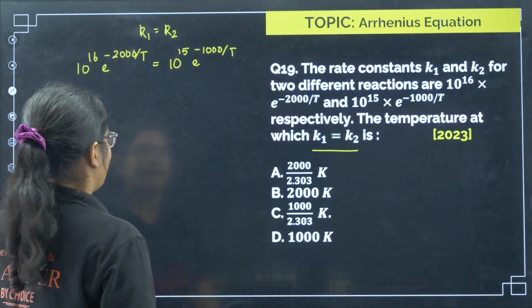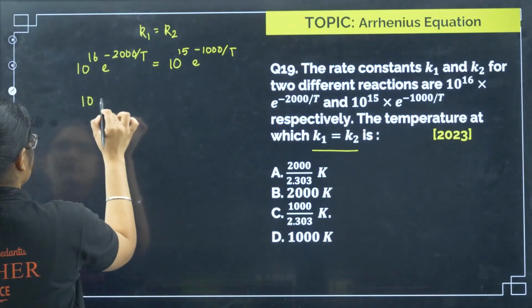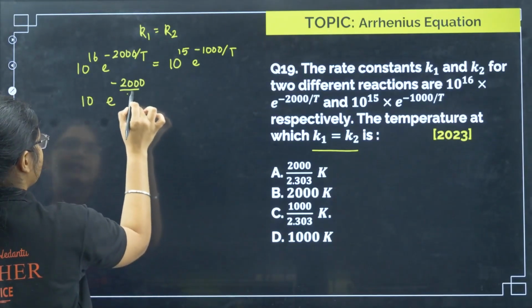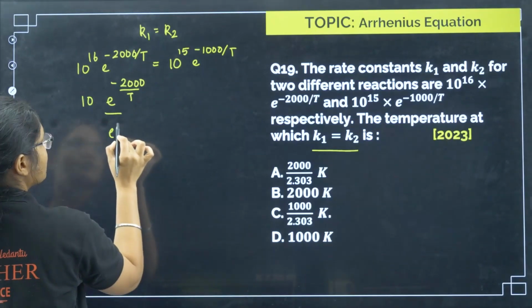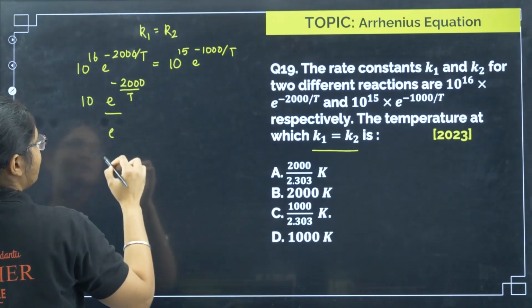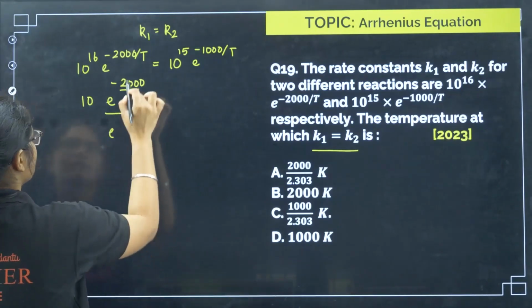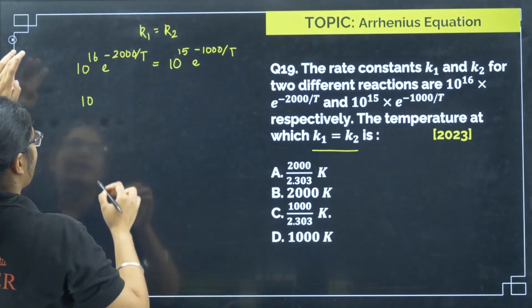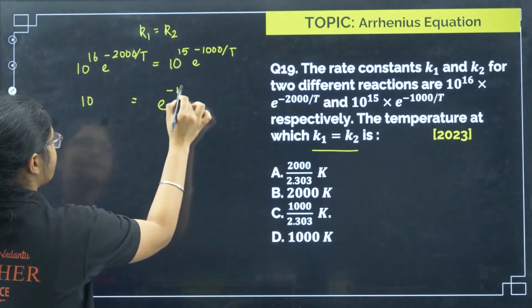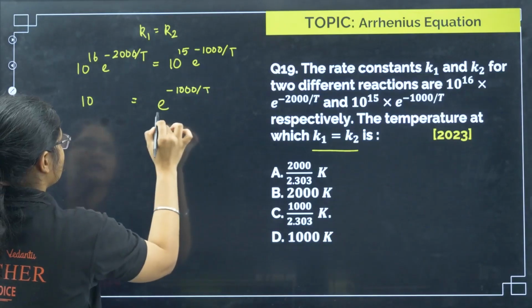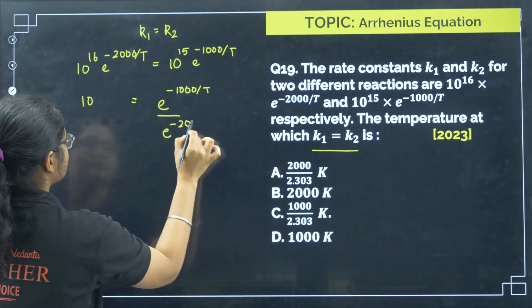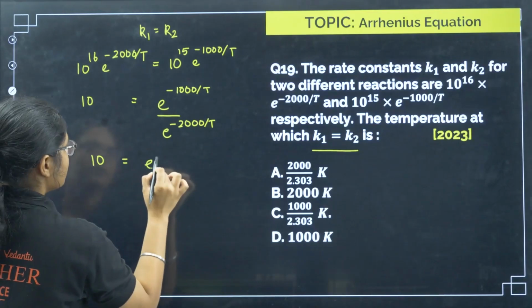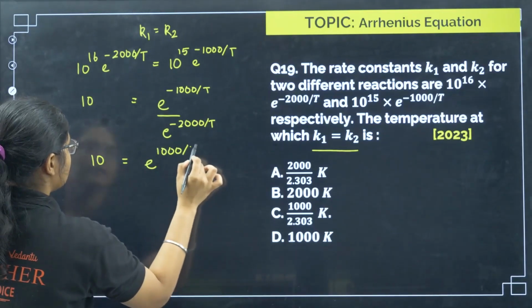Next we can see, 10 into e to the power of minus 2000 by T. Wait, one second, what I will do is I divide this one on this side and I will get e to the power of minus 1000 by T divided by e to the power of minus 2000 by T. Okay, so 10 is equal to e to the power of 1000 by T, right?